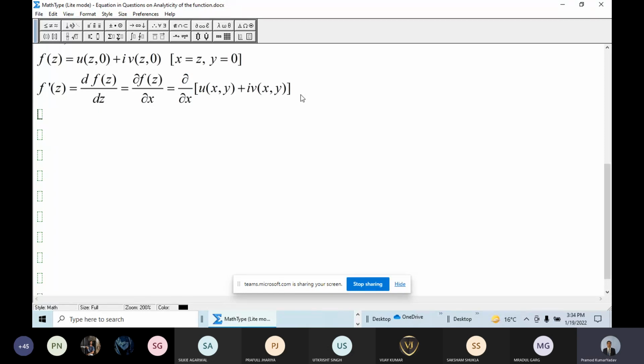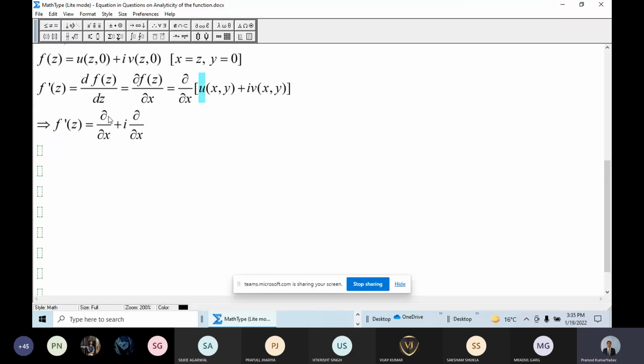Now this implies f dash z is equal to del u by del x plus I times del v by del x.